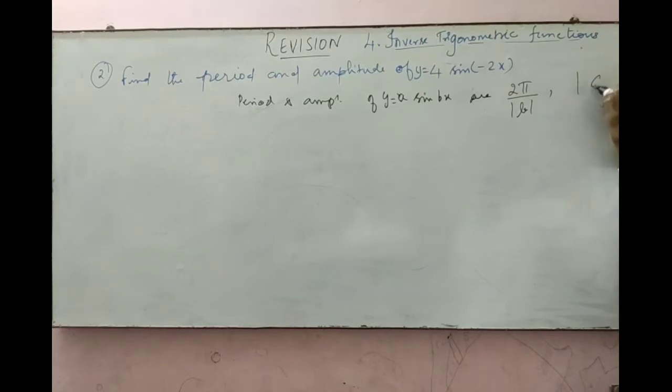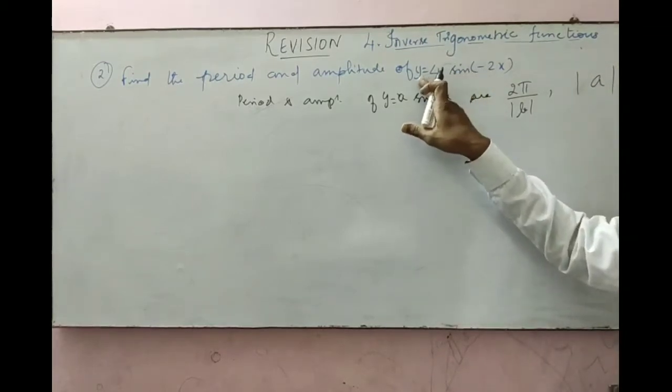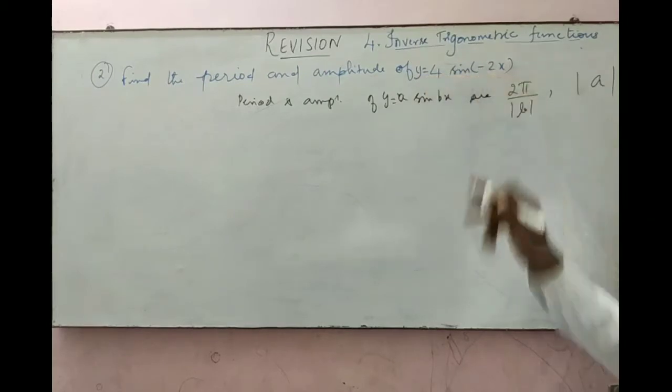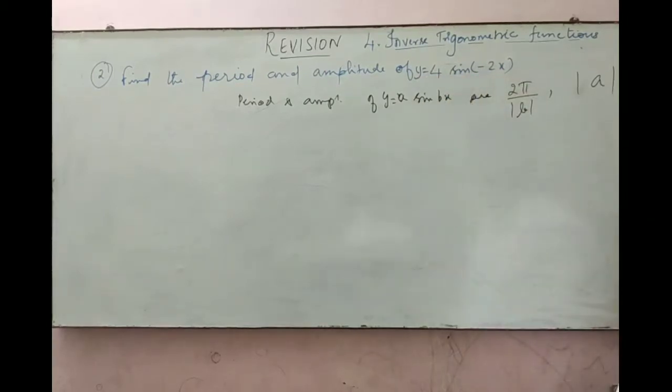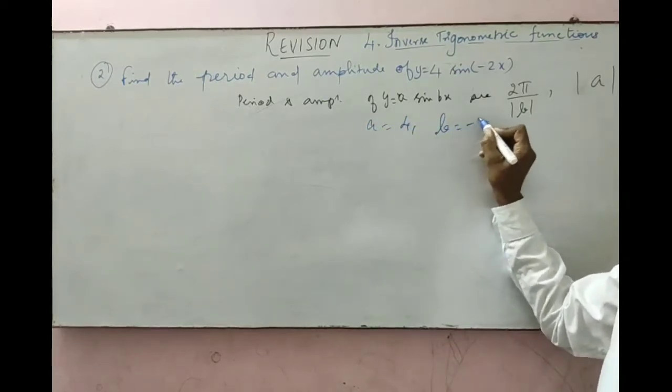So when you compare this given equation y is equal to 4 sine of minus 2x, what is the value of a here? The value of a is 4, the value of b is minus 2.